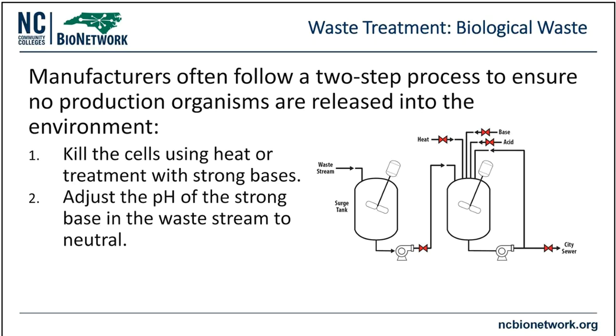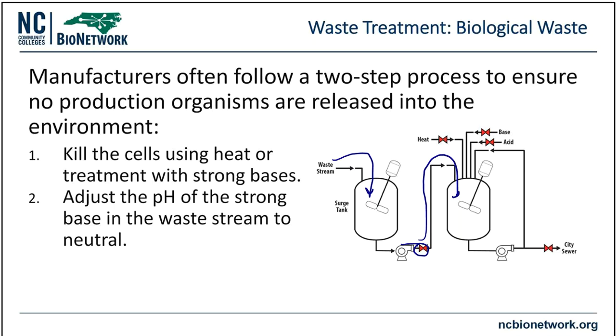So as you see from the diagram here, the schematic, the waste stream is coming in and going into this tank. It's probably a mixer in here, keeping it churned up, properly mixed. And there's a pump and a valve that's probably going to suck it out of there, and a valve is going to be turned on or turned off, and that's going to go into a second tank.